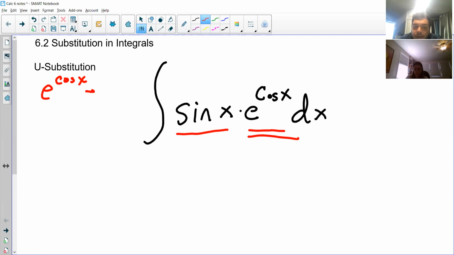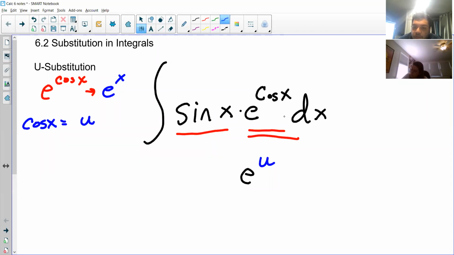But something I do know is e to the x, because the antiderivative of e to the x is just simply e to the x. So can I rewrite this in any way so it looks like e to the x? Well, if I wrote cosine x equals u, that means I could replace this with e to the u. That'd be really nice.